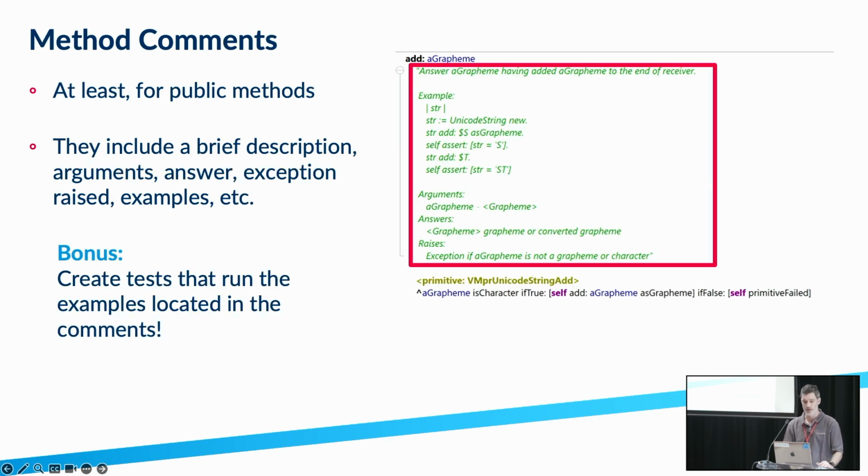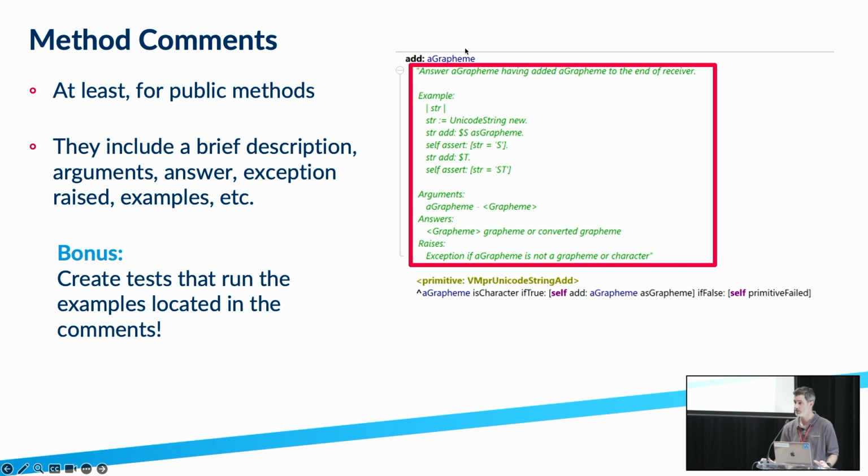Another important one is we like to have nice comments, at least for public methods. If a private method needs it, we would do it, but for public methods, we try to do it always. We like to include a brief description of the method, description of the arguments, the answer, exceptions that may be raised in that method, and examples.